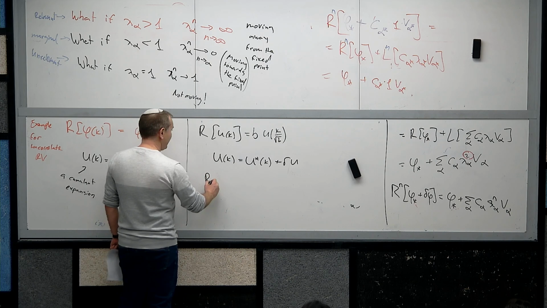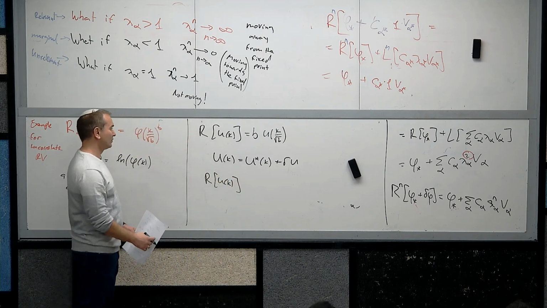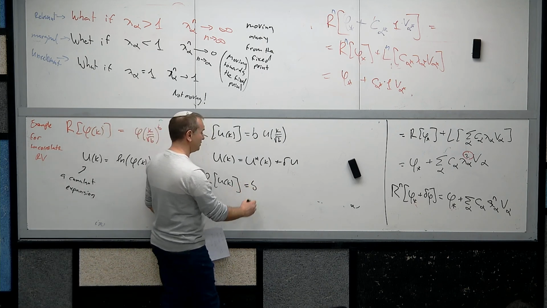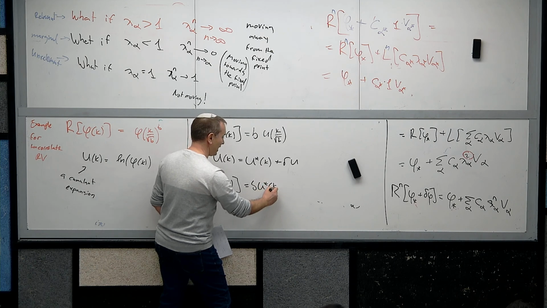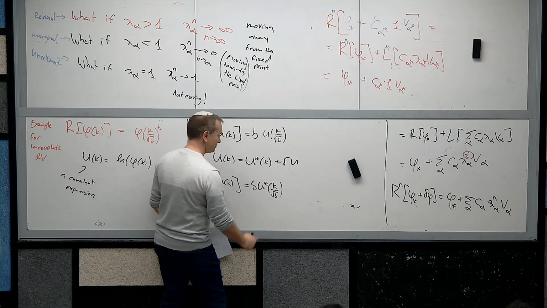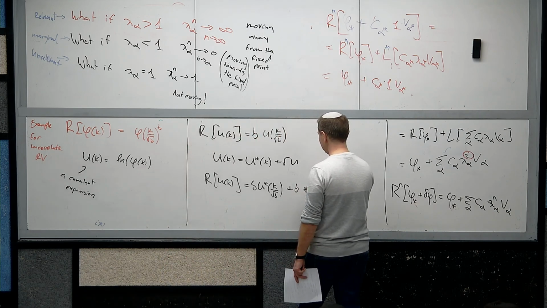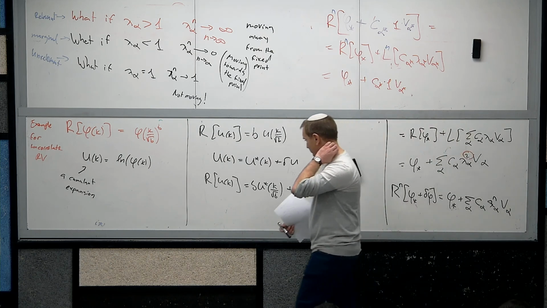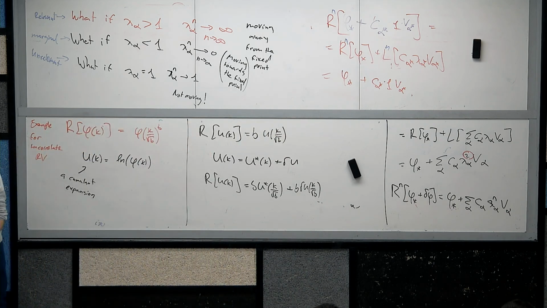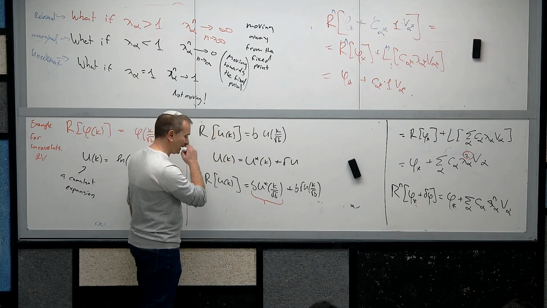So now I apply R on this U of K. And it is B of U star of K divided by square root of B plus B of delta U of K over square root of B. Now, this first term is simply what?